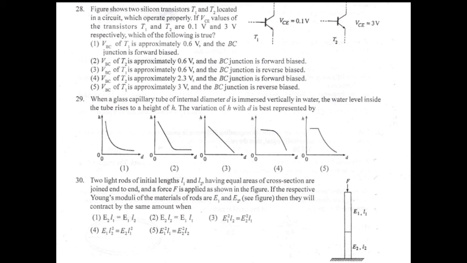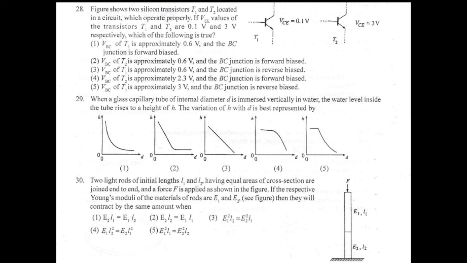Now in each answer we have to find VBC in each transistor. So for T1, VBC equal 0.7 minus 0.1, which is 0.6, and it is a positive value.